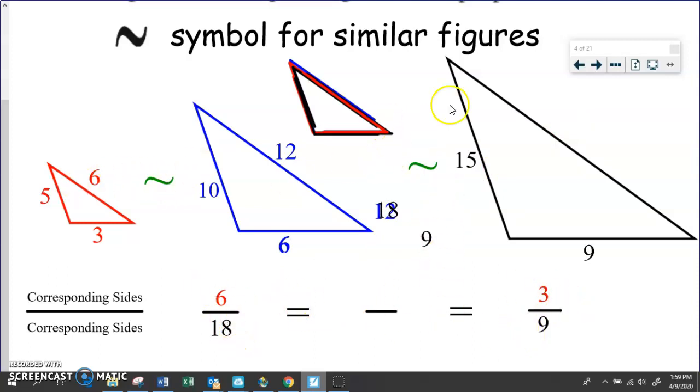So as long as we're comparing the corresponding sides, it is going to be the same. I can only do that with 2 triangles at a time.